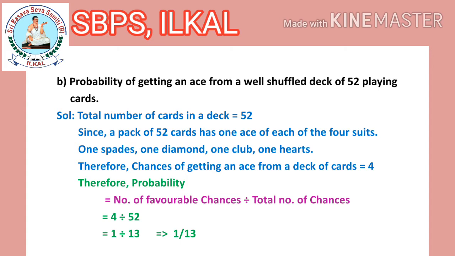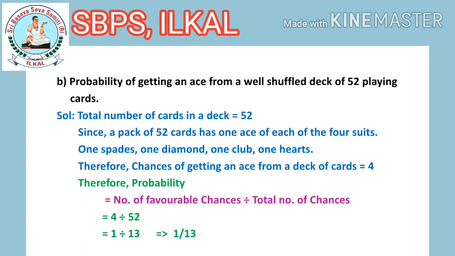B question. Probability of getting an ace from a well-shuffled deck of 52 playing cards. Solution. Total number of cards in a deck is equal to 52. Since a pack of 52 cards has one ace of each of the 4 suits, means 4 variety of cards will be there, children.